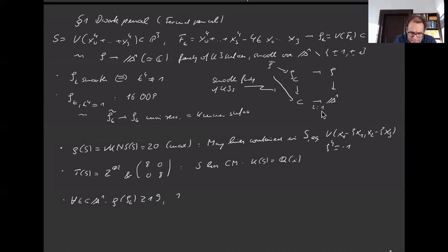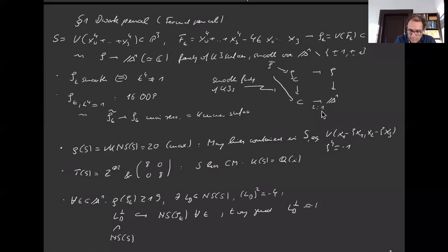And in fact, there exists a line bundle, which I call L_D, so D for Dwork, in the Néron-Severi lattice of the Fermat quartic, which has negative square, and it turns out it has square -4, such that its orthogonal complement in the Néron-Severi lattice of S sits in the Néron-Severi lattice for all T, and in fact for T very general, it is the Néron-Severi lattice of the fiber.